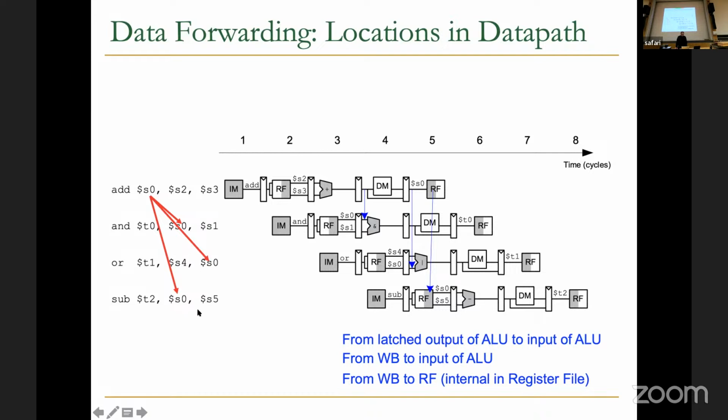And then we have this subtract instruction that we already supported by providing internal forwarding in the register file. As we said, we can write to the register file in the first half of the cycle, and then read in the second half of the cycle. So for this one, we implicitly supported that. But this is also a kind of forwarding path, implemented internally inside the register file. Any question so far?